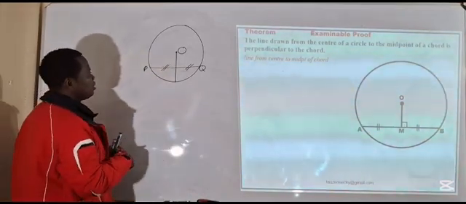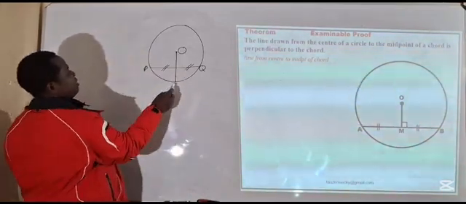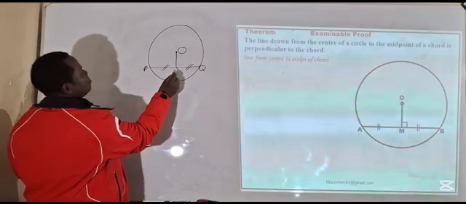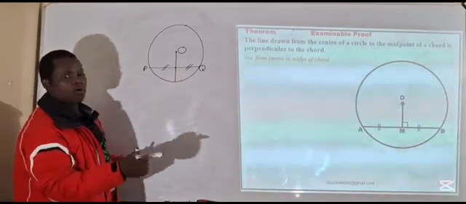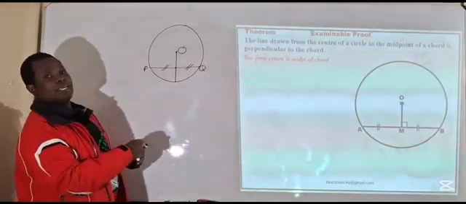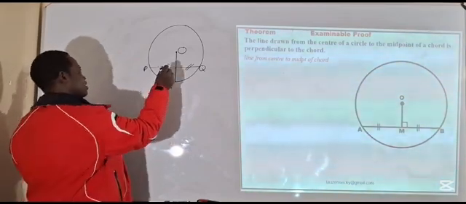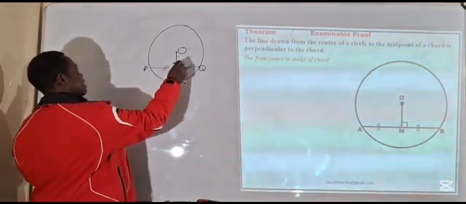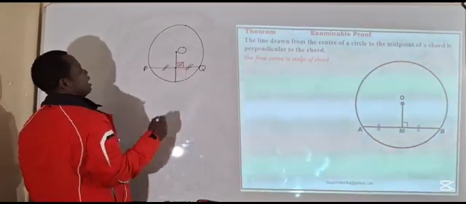That is what the theorem says. So in your examinations, if I say to you the line from the center is passing through the midpoint of a chord, then you must be able to conclude that therefore there is an angle here of 90 degrees.